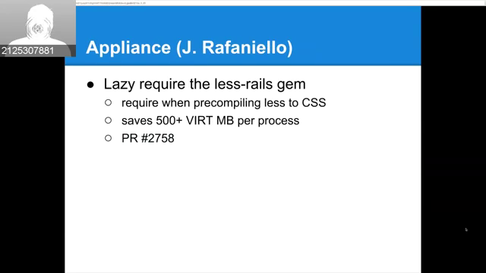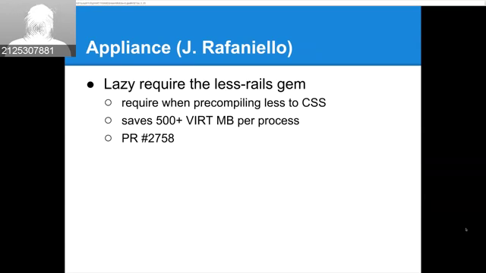On the appliance side, there were some issues that QE had noticed with memory on a lot of our worker processes, where the virtual memory was much higher than it was previously. We tracked that down to the less-rails gem. By default, we were using Bundler's default behavior, which requires all gems that you add to the Gemfile.